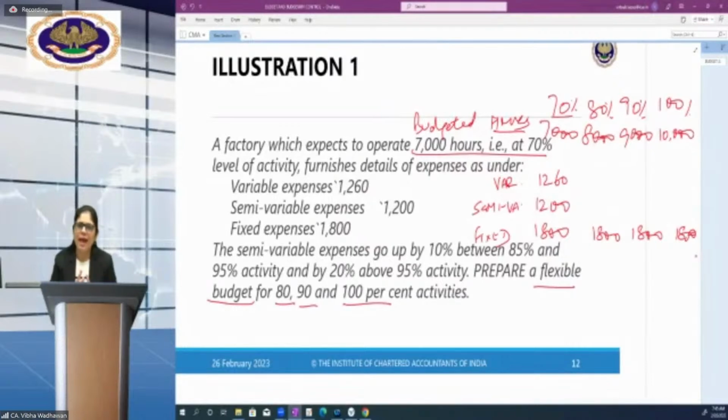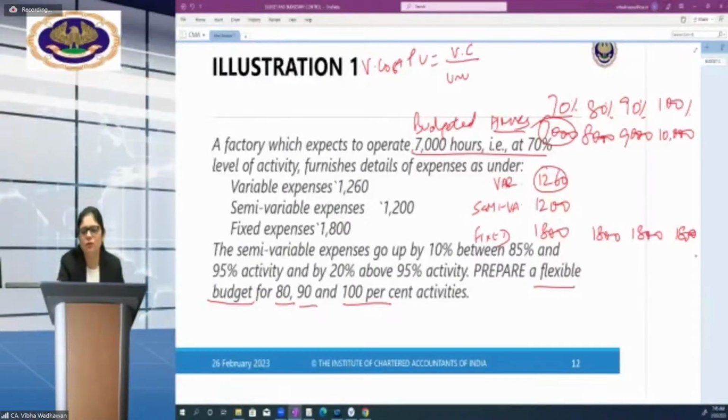So you calculate the per unit variable cost and then apply it wherever you want. Variable cost per unit is equal to variable cost divided by total units.